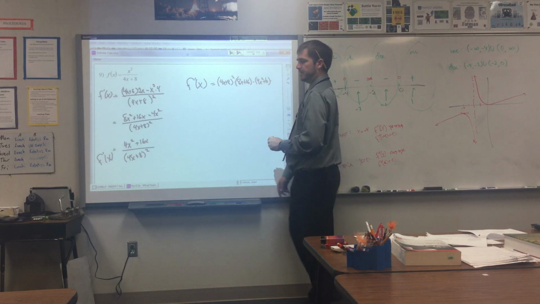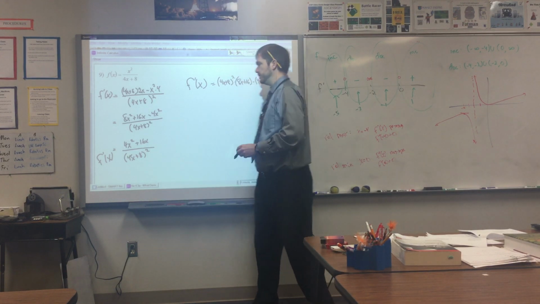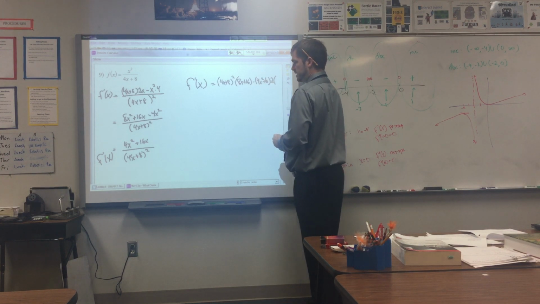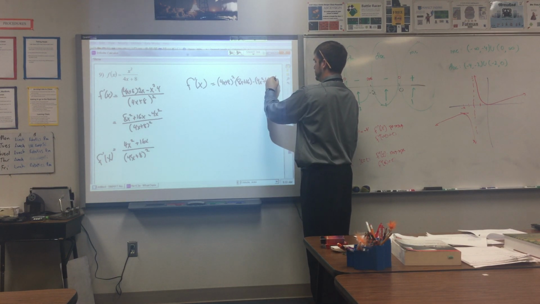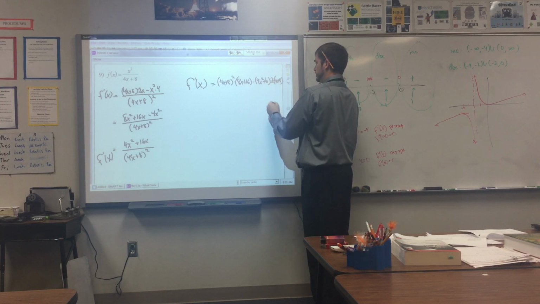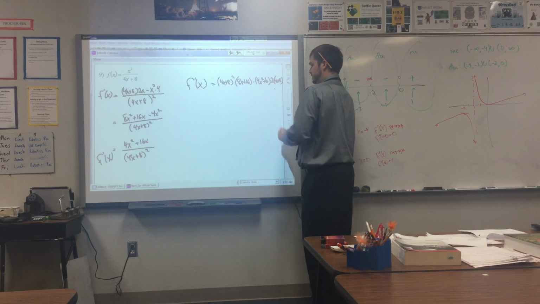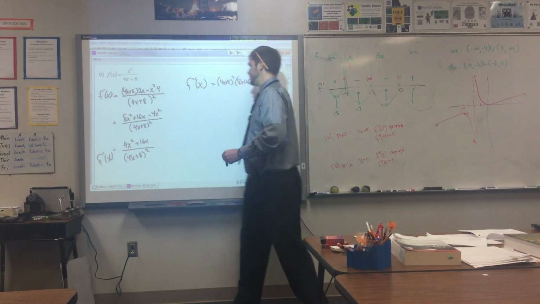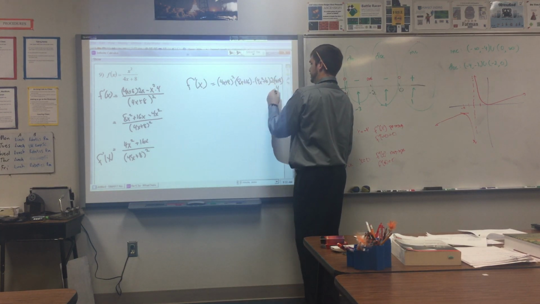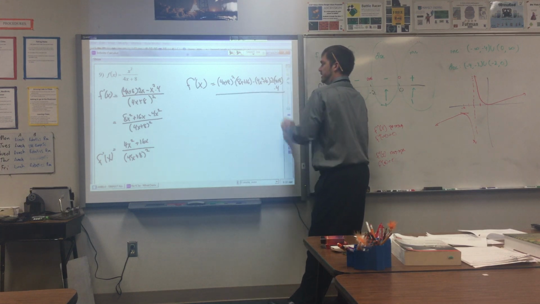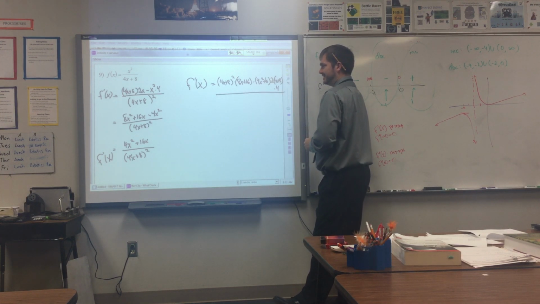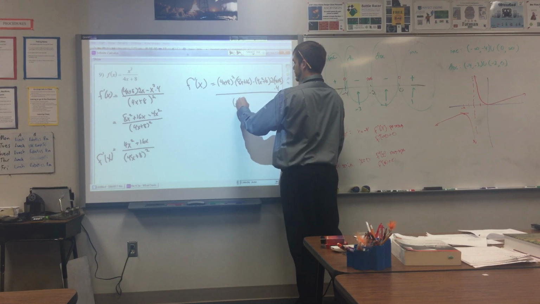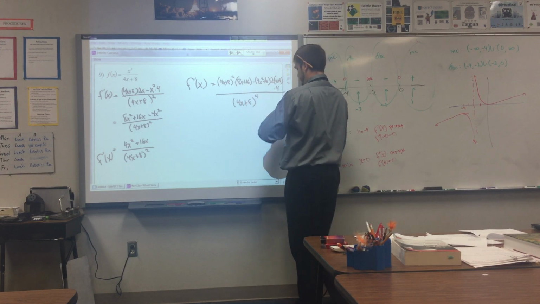D low, the derivative of the denominator is going to be 2 times 4x plus 8 for the first, times 4, the derivative of the inside. All over low squared we go. 4x plus 8 squared.